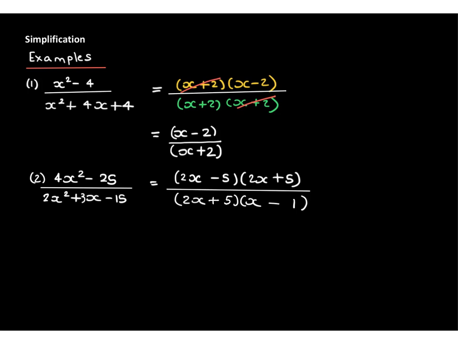Now we can then see that we can divide through by 2x plus 5 and 2x plus 5 in the numerator and denominator, leaving us with 2x minus 5 in the numerator and x minus 1 in the denominator as a final answer. The brackets are optional, we don't need them at this point, but they may prevent you from doing something silly like cancelling out or trying to cross through the x's, which would be wrong.